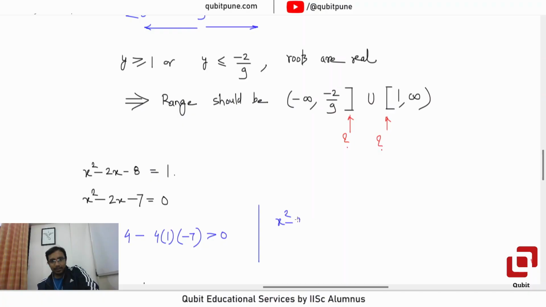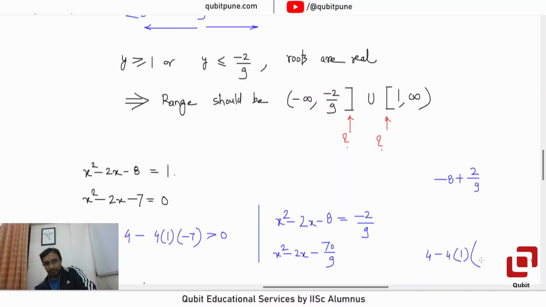And what if x squared minus 2x minus 8 is equal to negative 2 by 9? No, but b squared minus 4ac will still be positive.